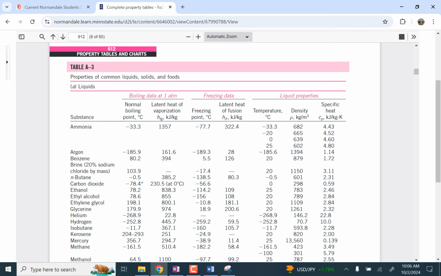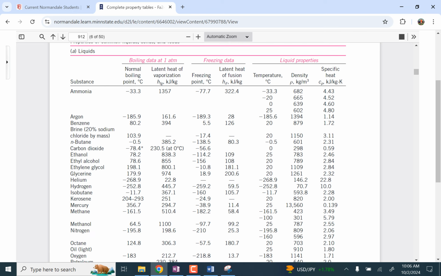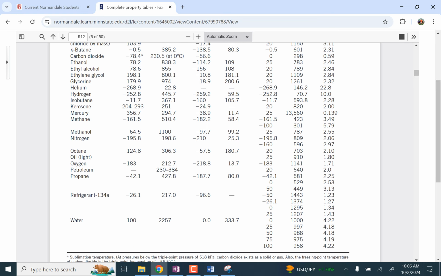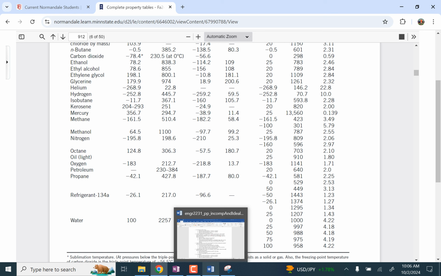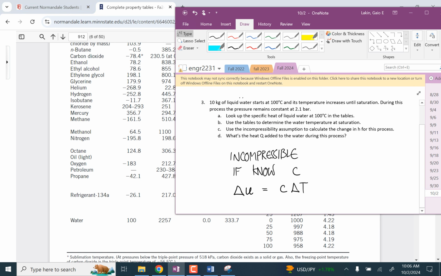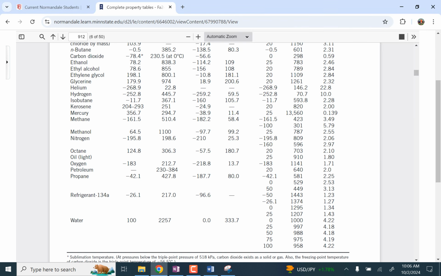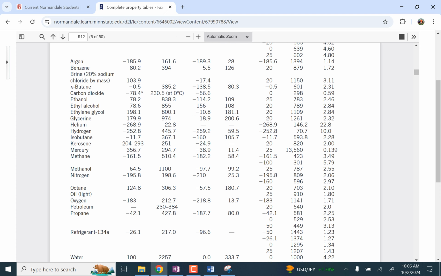Okay, so you can see that over in the right column, it tells you the specific heats. And let's see, water. And it tells you what it is for a few different temperatures. So you can find the one that's most applicable to your temperature range. You can see it doesn't vary that much percentage-wise from 4.22 to 4.18. But we have it at 100 degrees Celsius, so we want it to be exactly 4.22.